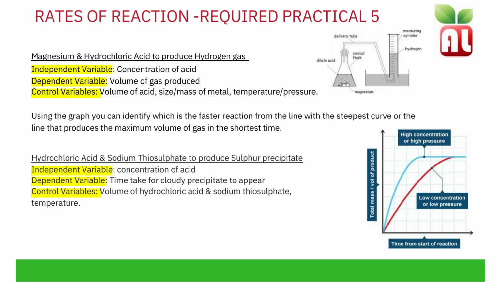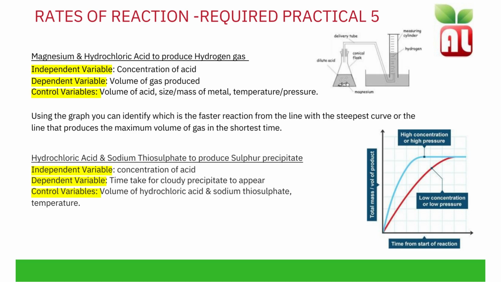If using two solutions, for example hydrochloric acid and sodium thiosulfate, reacting these two solutions together produces a sulfur precipitate. A precipitate is a solid formed from two solutions. Forming a precipitate will make the mixture go cloudy.